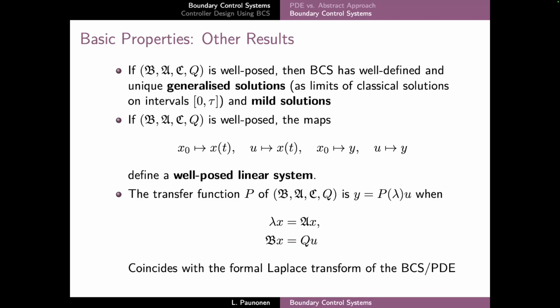And this means exactly that computation of the transfer function of our boundary control system coincides with taking a formal Laplace transform of our original PDE system. So we can often compute, and in the rest of the cases analyze, the transfer function based on just the formal Laplace transform of our original PDE.